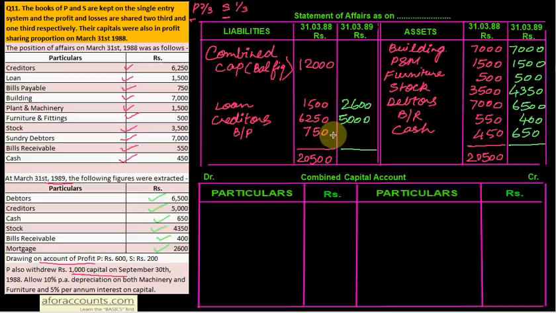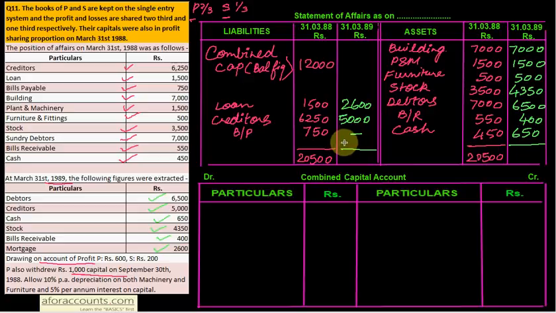And what about bills payable? Bills payable is a current liability, its validity is 12 months. So it was there in opening. But if nothing is mentioned, it cannot be that the same amount is there in closing. So 750 is your bills payable. If nothing is mentioned, there is no bills payable in closing. This is an important point.